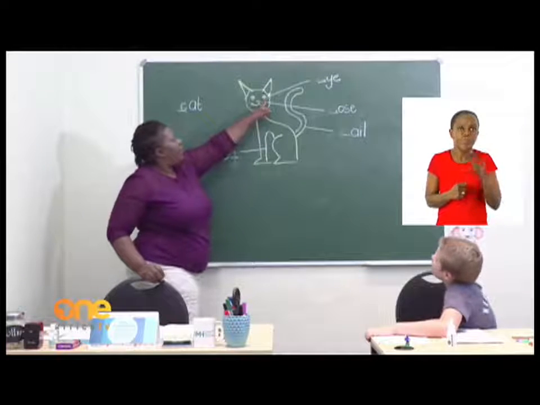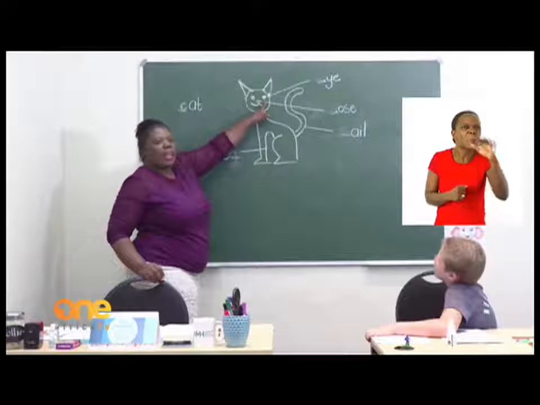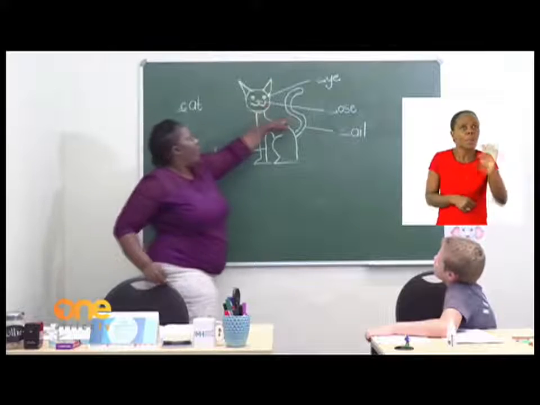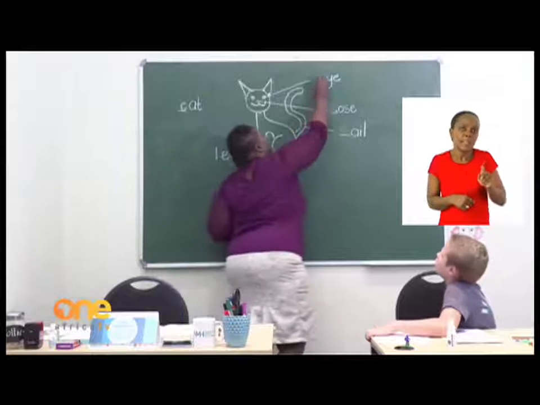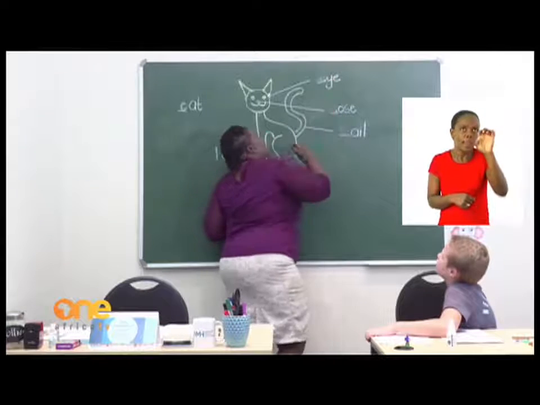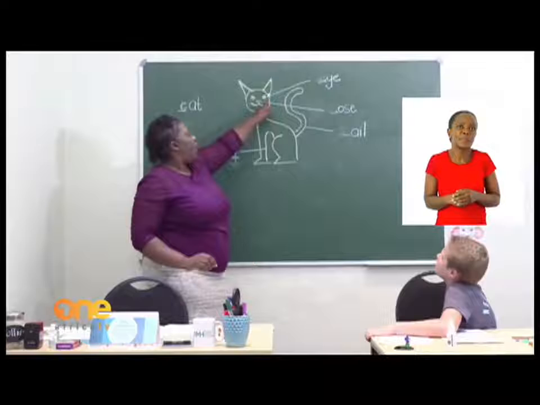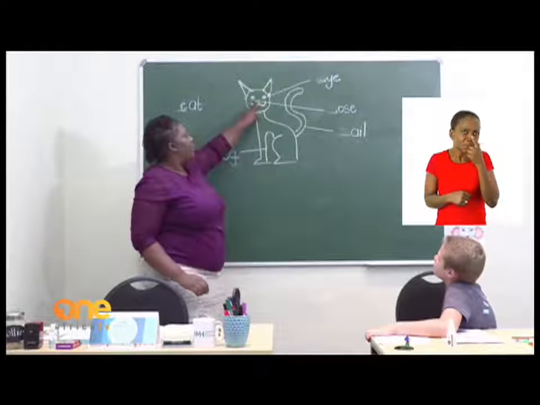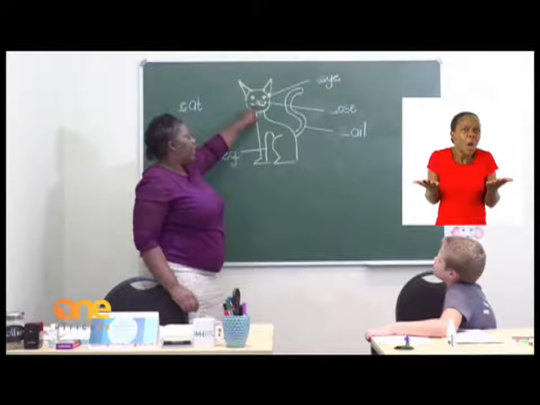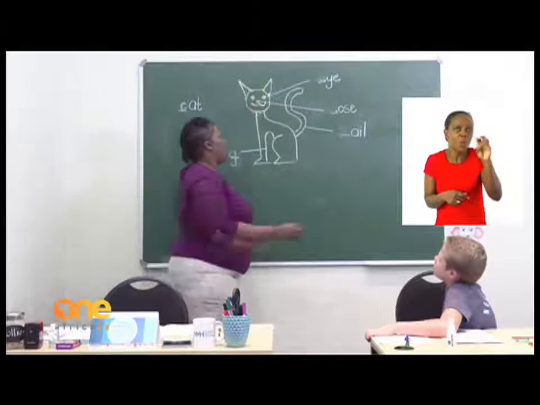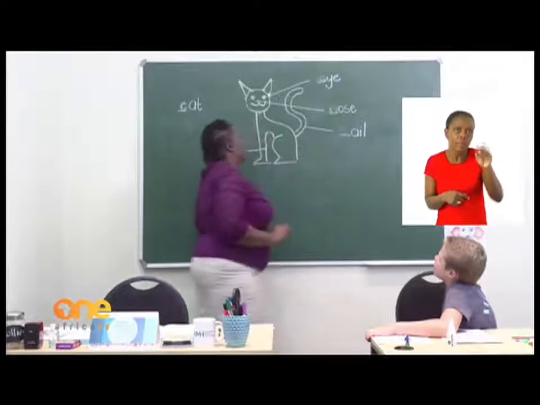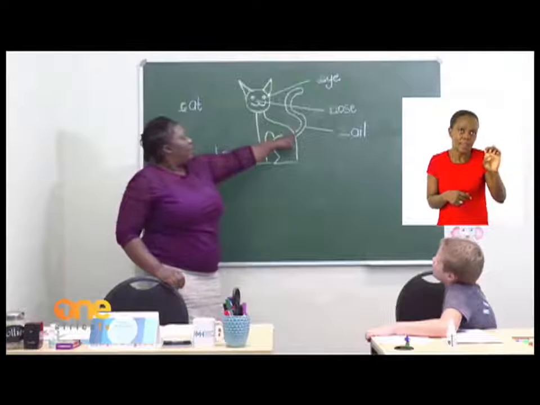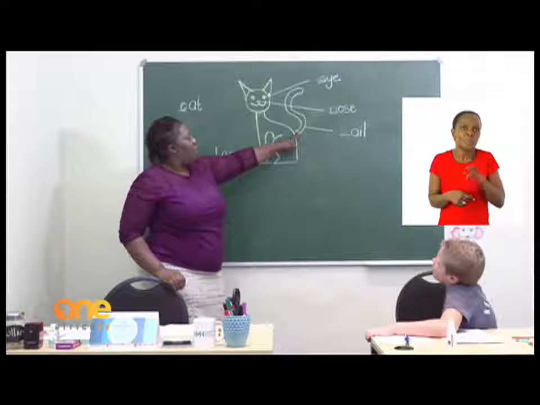Here I've got, what is this? Eye. Yes, it is an eye. What am I going to put here? E. E for eye. What is this? Nose. Yes, it is a nose. What am I going to write? N. The letter N. We have a long tail.